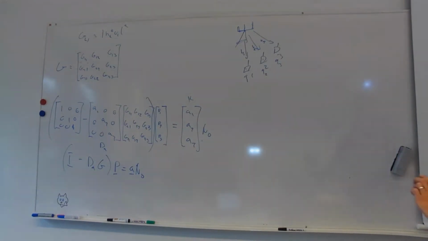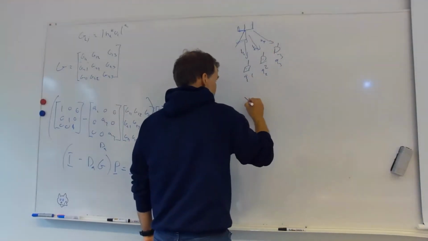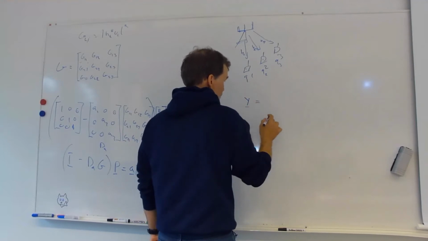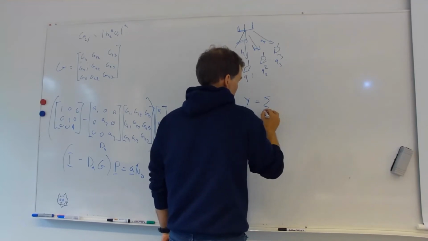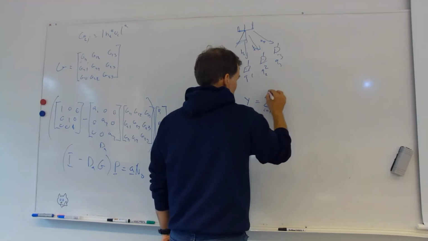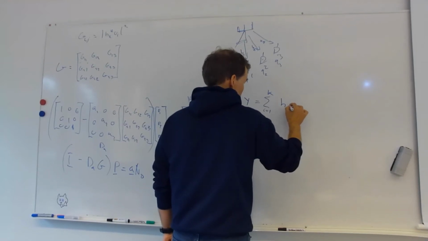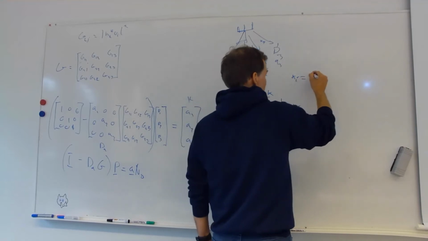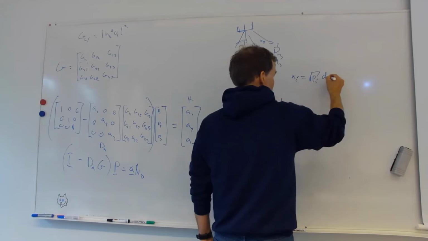Okay, let's start with the system model. The received signal model here is a summation over all users i of xi, where xi we can also split into a power allocation and a normalized symbol.